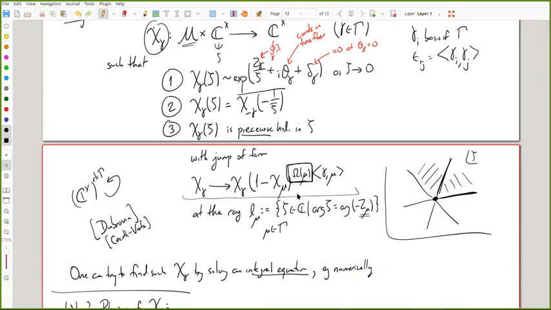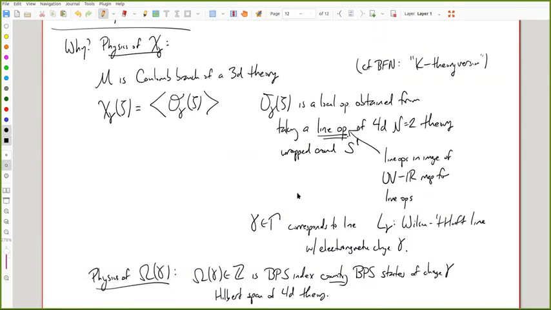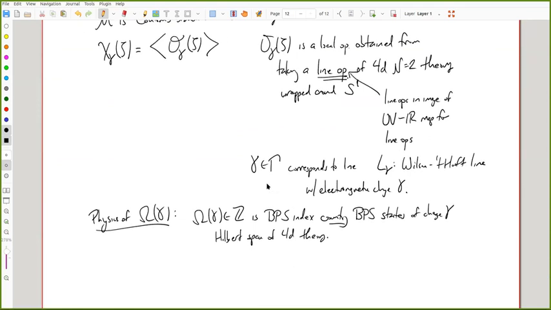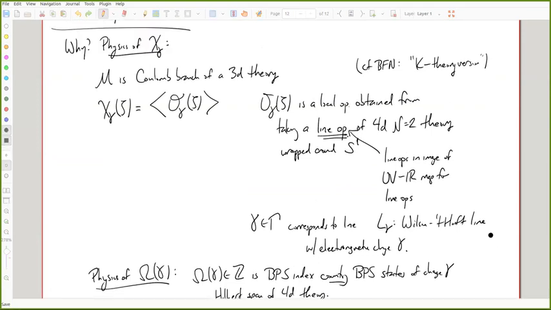Okay, anyway, that's the story. So what I tried to tell you is some mathematical applications of n equals 2 supersymmetric field theory. And what I hope I convinced you is that n equals 2 supersymmetric field theories are connected to a surprising amount of mathematics.